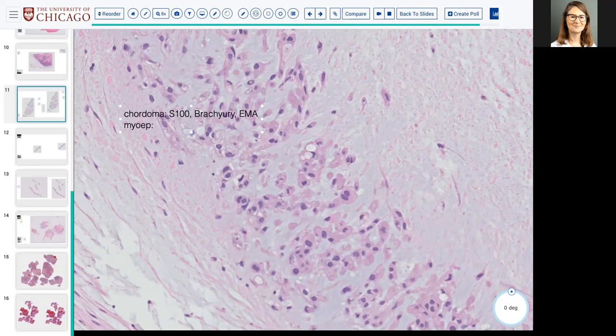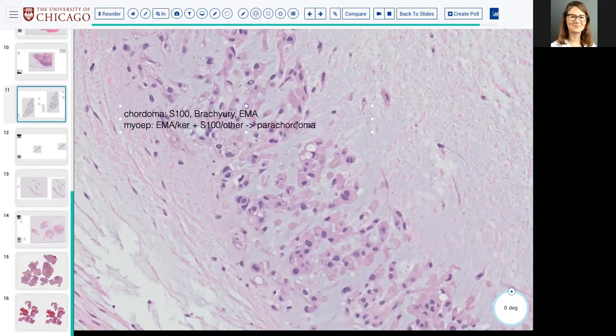And so historically, I'm just going to write this down here for a second, S100/other, but historically, there are these tumors in the literature called parachordomas that were thought to be chordomas primarily arising in the soft tissue. So in like the paraaxial space, right? So trunk, extremities, whatever, that were S100 positive and EMA positive.